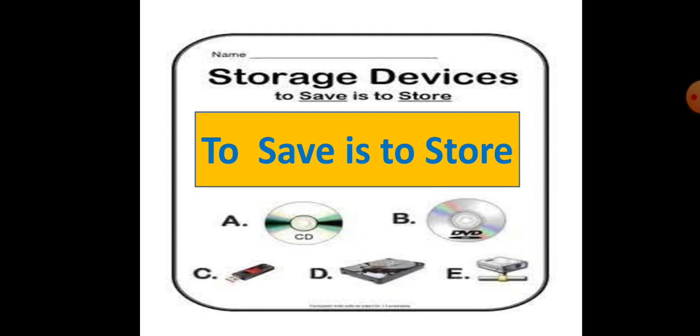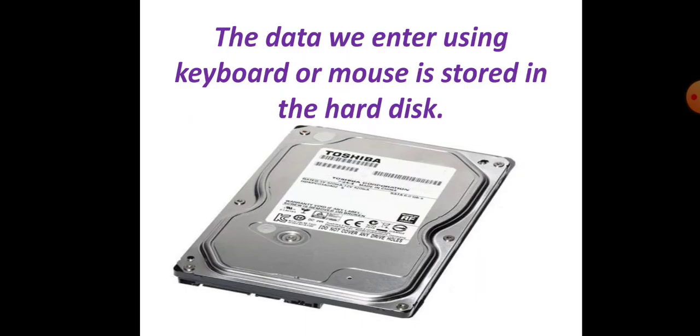And you can see in number A it is CD. CD is a storage device. Okay, you can store on a CD. Then DVD, B you see DVD. Then C is a pen drive. D is a hard disk. So these are some of the storage devices.